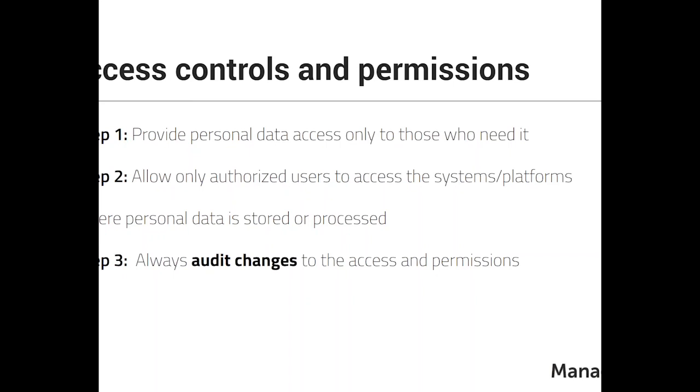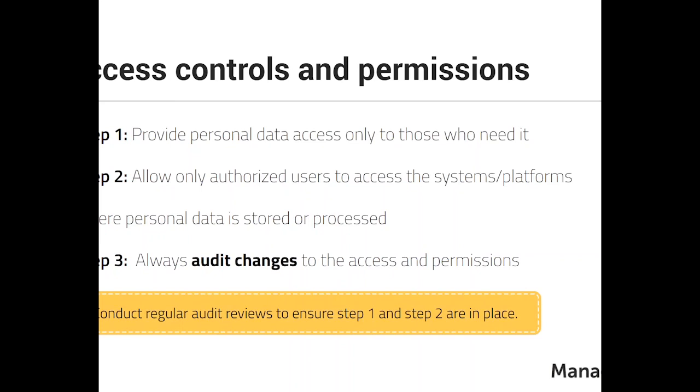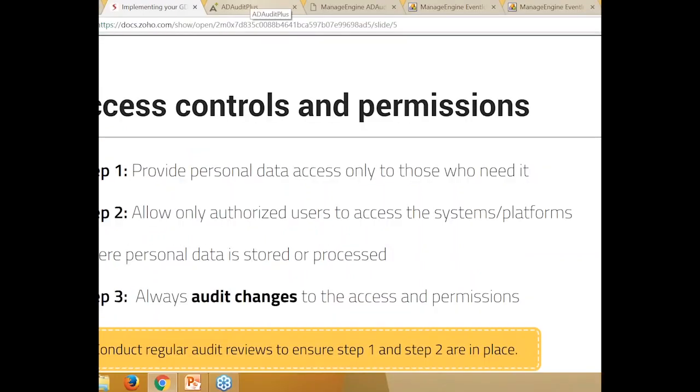But after that, you need to continuously monitor the changes made to the access and permissions in order to ensure that only the right people are accessing the data after a proper procedure for authorization. So you need to do this continuous auditing of your infrastructure. So I'm going to just jump into our tool.